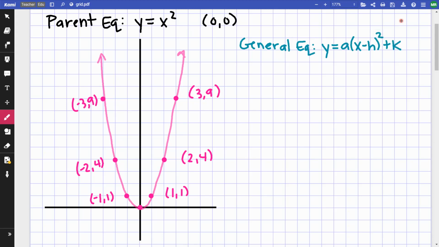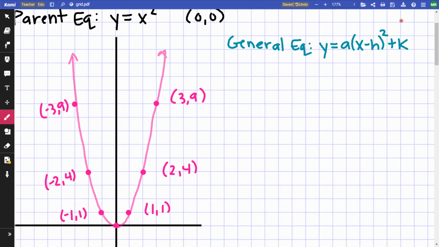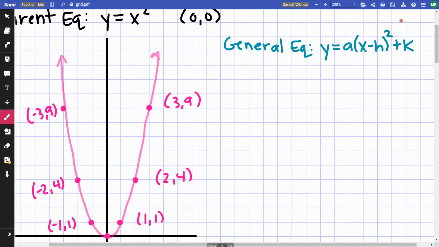That is our general equation. Your vertex is whatever makes this 0, which is h, that is going to be the x coordinate. And then whatever's happening here, plus k, up k, that is my y coordinate. That's where you find your vertex.